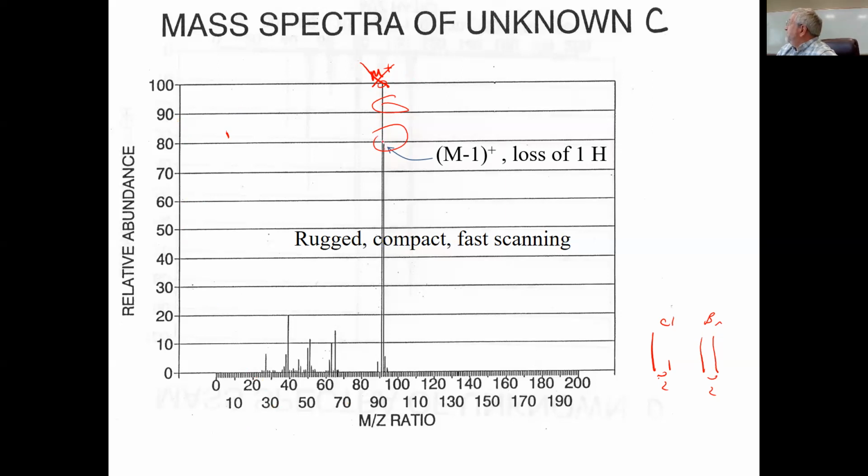And there's nothing that's going to lose or contribute this much to the M plus 1. You go down through that table of abundances and you'll see that nothing will. You might have a few down in here, but this has to be the loss of just 1. This actually happens to be toluene.